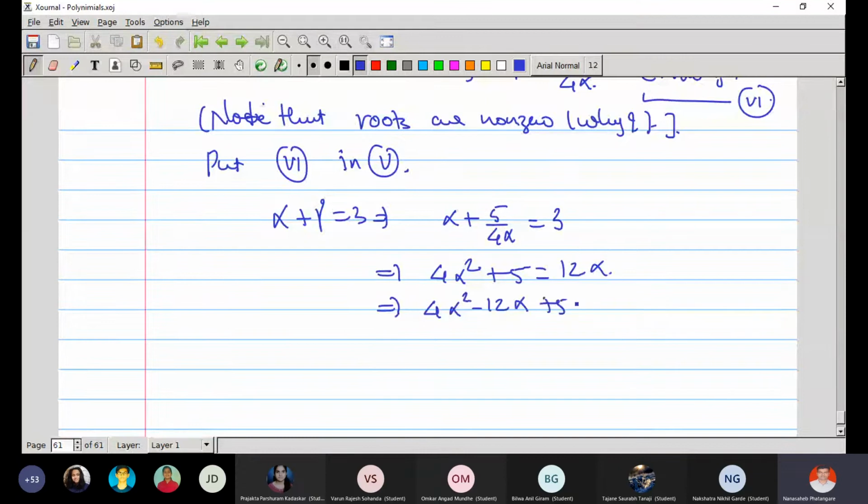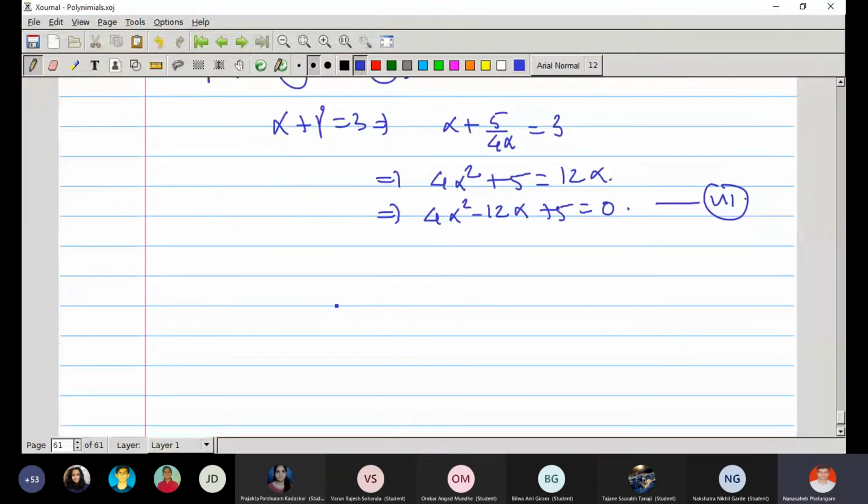So now this is a quadratic equation in alpha. So solve this. Solving 7 for alpha, what do we get? This is a quadratic in alpha, and we solve it for alpha.